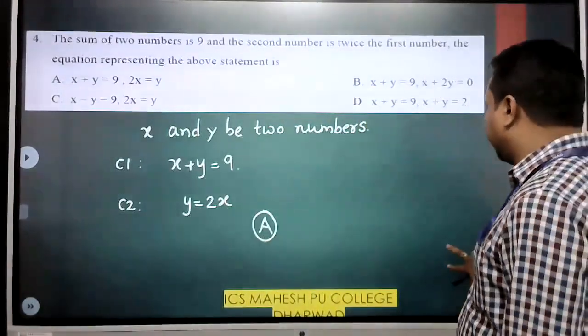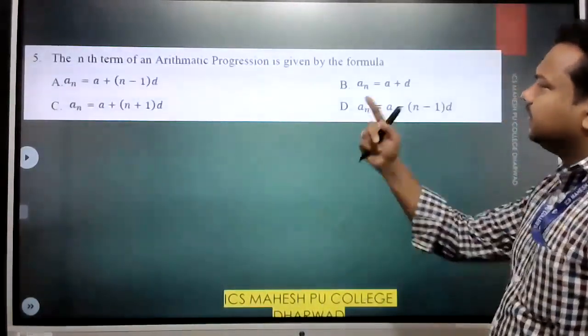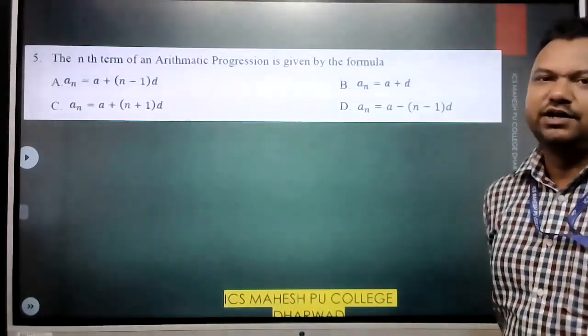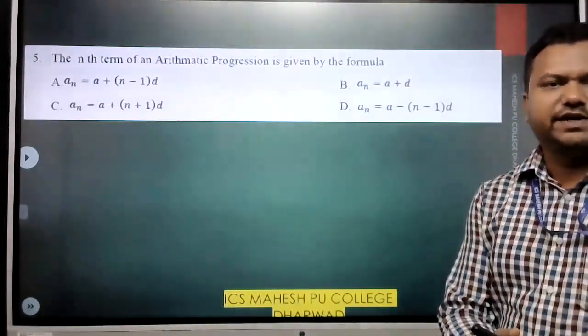Now let's go for the next question. The nth term of an arithmetic progression is given by the formula. This is a very familiar question to you, my dear students.